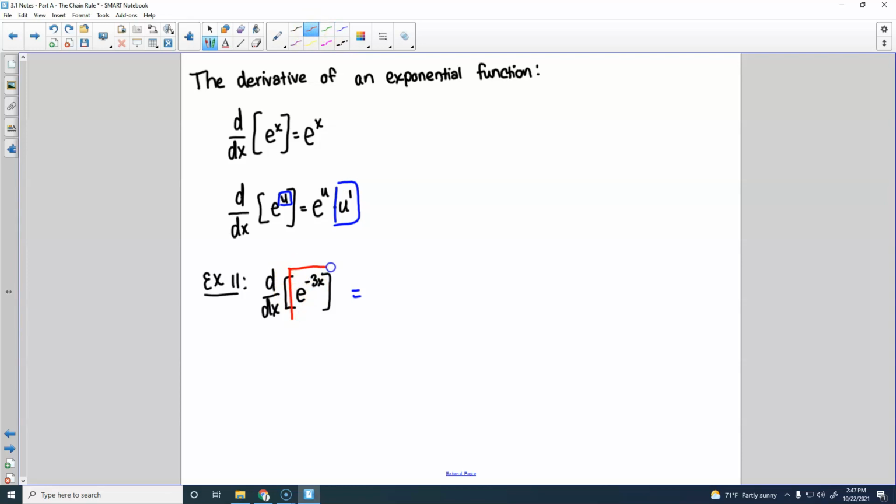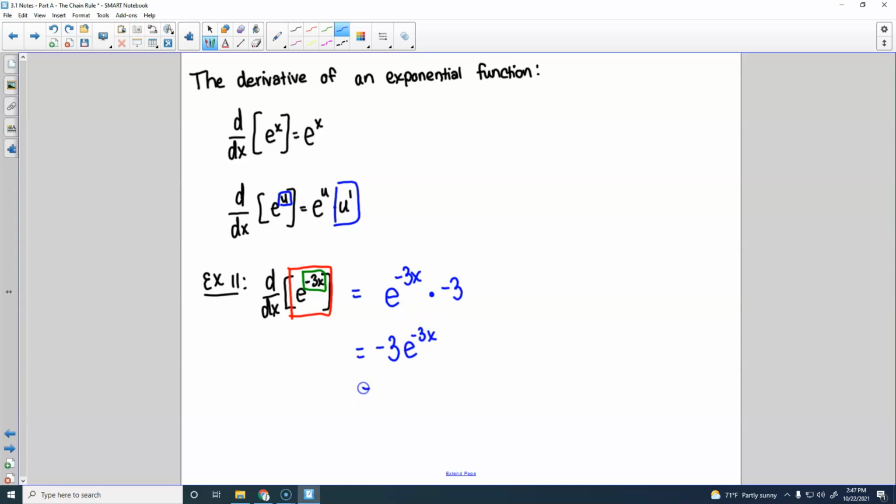On these problems, the outside is the e to the x, and then the inside is whatever is in your exponent. So when you take the derivative, it is itself, so it's e to the negative 3x. You don't change anything about that. But you must multiply it by the derivative of the inside box, which is your exponent, which is negative 3. Typically, that's going to be written this way, negative 3e to the negative 3x.